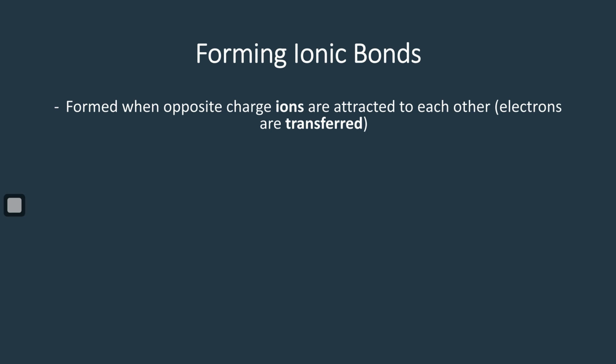It sort of goes back to that Coulombic attraction that we talked about when we did periodicity. The electrons are completely transferred from one element to another element in an ionic bond. All right, so the anion completely takes control of an electron that might have come from a cation, and then those charged particles attract. They're always formed between a metal and a nonmetal.